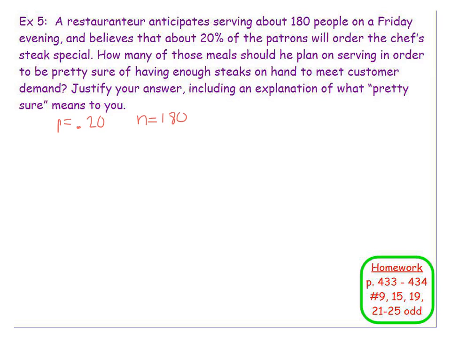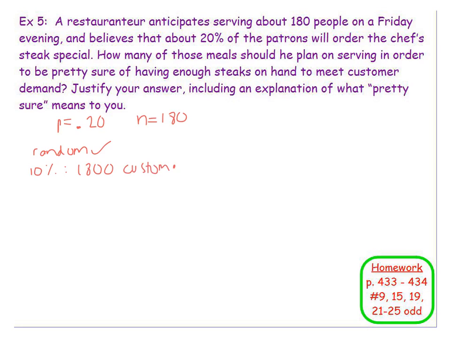So let's go ahead and check our conditions. First question, are we doing this randomly? We're going to go ahead and say yes. 10%. So 180 patrons on one night. Do you think that this restaurant sees 1,800 customers?